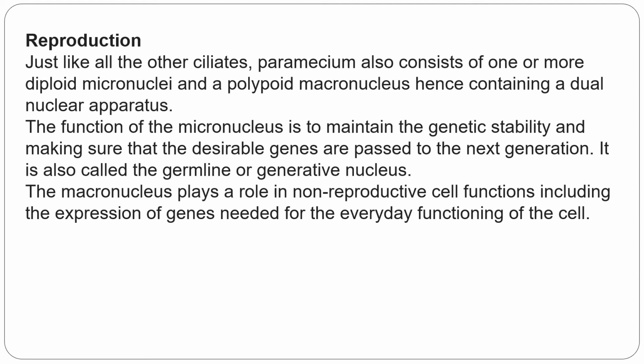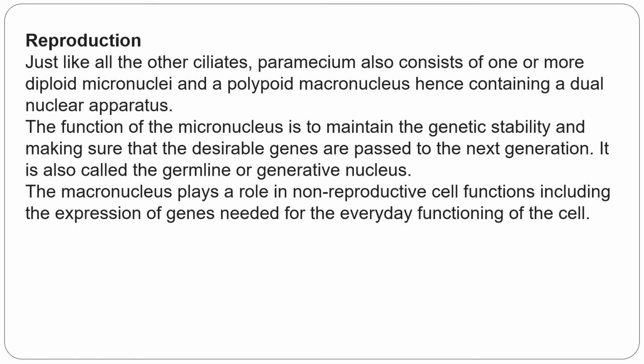The function of the micronucleus is to maintain the genetic stability and make sure that the desirable genes are passed to the next generation. It is also called the germline or generative nucleus.